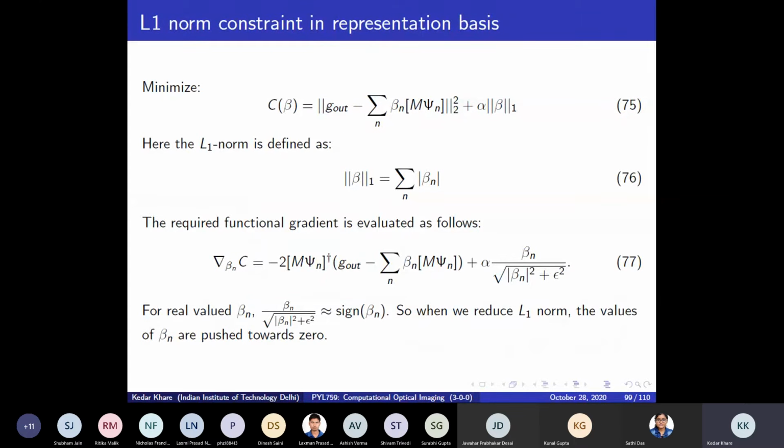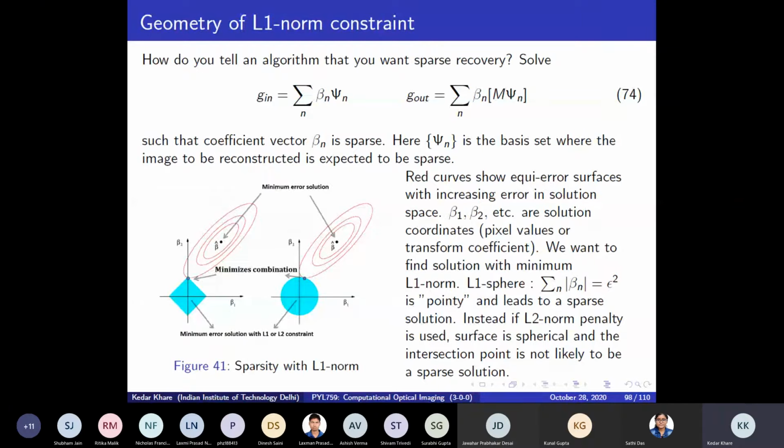Okay. And the picture that I have drawn is a picture of a sphere in the L1 norm space. So how do you define a sphere? In the usual case, I will define a sphere as beta 1 squared plus beta 2 squared equals epsilon squared.